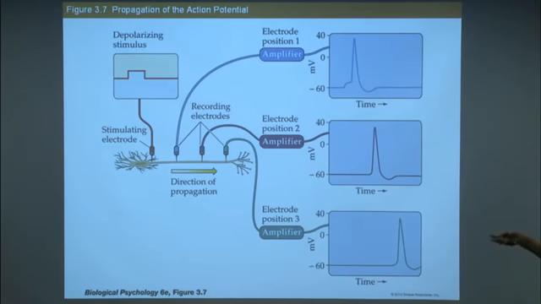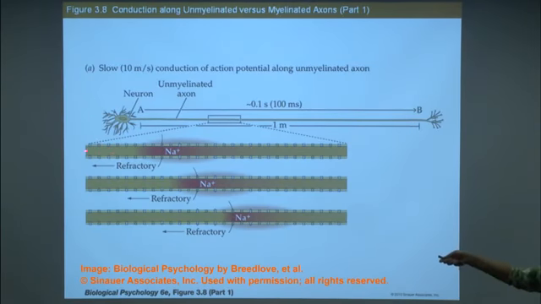We don't see this blue electrode activated again. Once it passes in this direction, it does not come back. Why is that? Because let's say this is the sodium channels being activated right here.